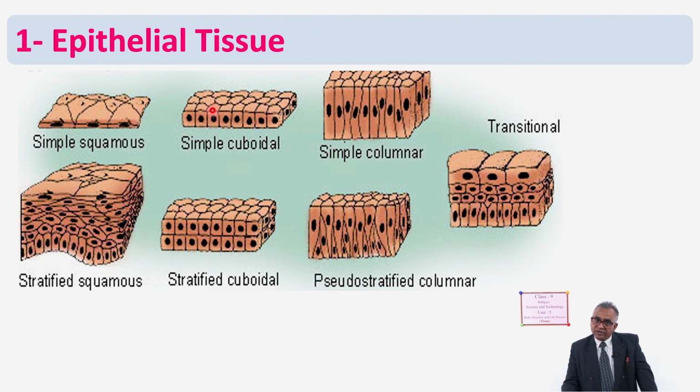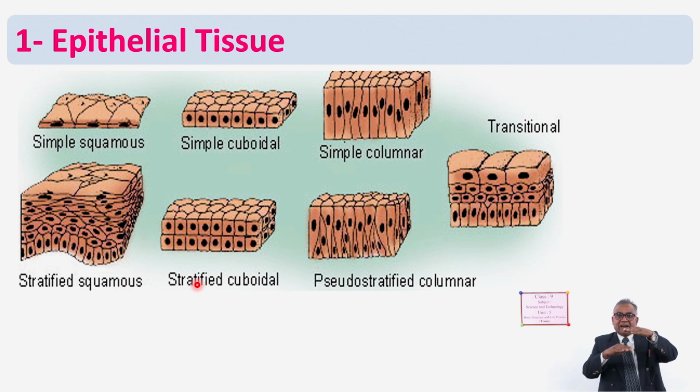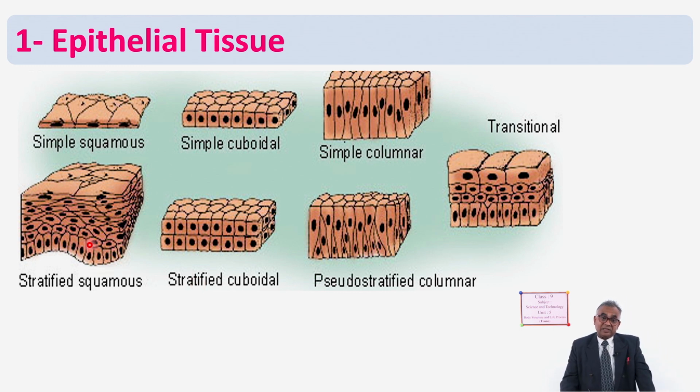If it is made up of single layer, the term simple is used in the beginning. Keep in mind. And if there are a number of layers, then what is the term? Stratified. Strata is layer. So that is stratified.